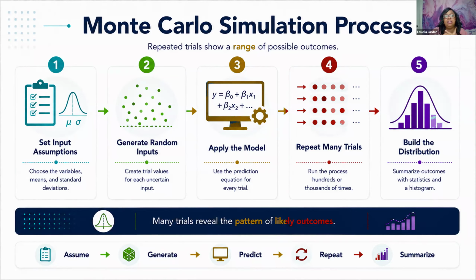So in Excel, each row is going to represent one trial, and the formulas create possible input values, and the regression formula calculates the outcome. After filling the formulas through all the cells, we have a large set of simulated predictions, and we then summarize and visualize those predictions so we can interpret the pattern.